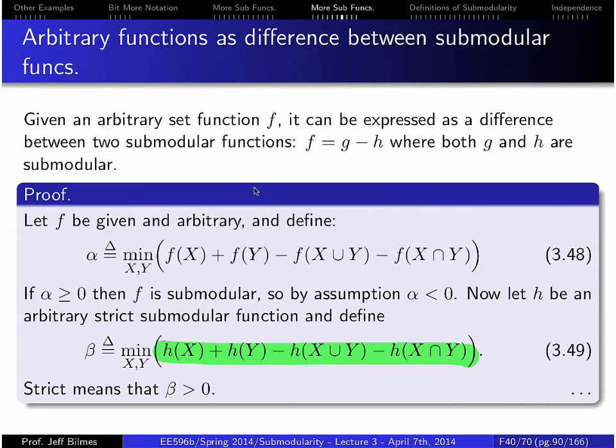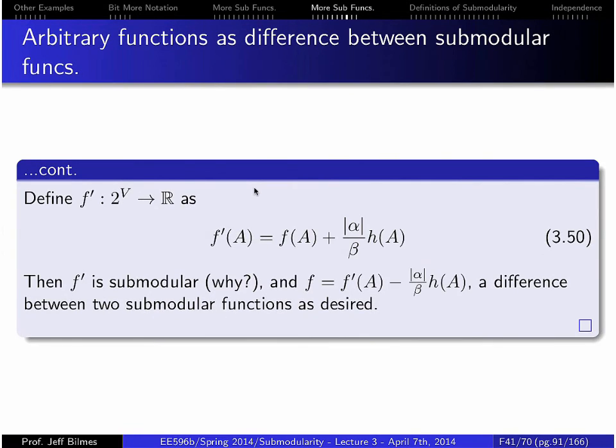You're strictly submodular. So what we do then is we define a new function, f prime, which adds to f this sort of all-powerful submodular function. First of all, why is this component over here submodular? Because it's a submodular function scaled by a non-negative constant, right?